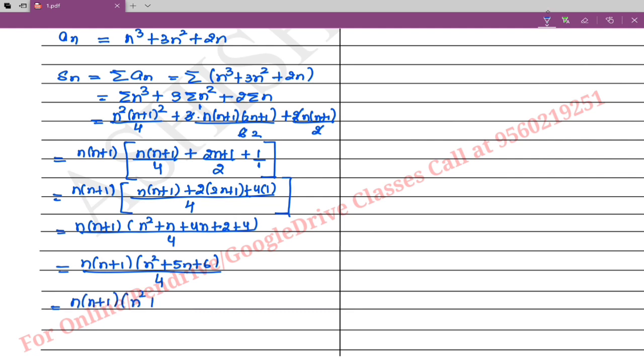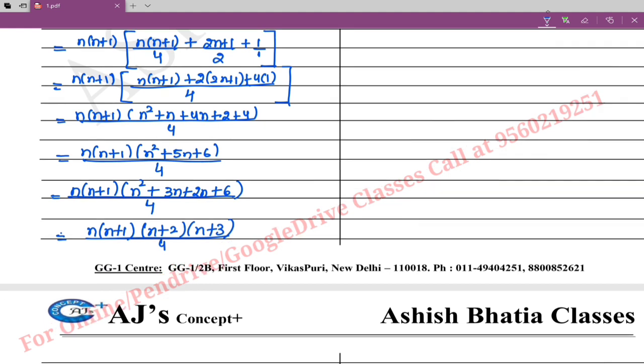N square, this 5n will be written as 3n plus 2n plus 6 whole divided by 4, which will be equal to n plus 1. Now you must be familiar with making the factors, so I'm making it directly here. So this will be our answer. I hope the question is very simple and it is very clear to you.